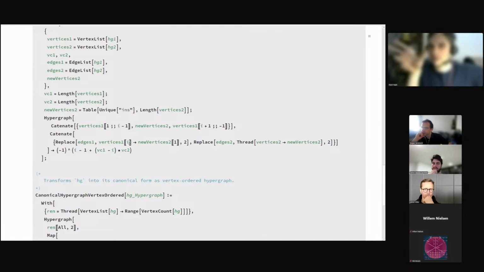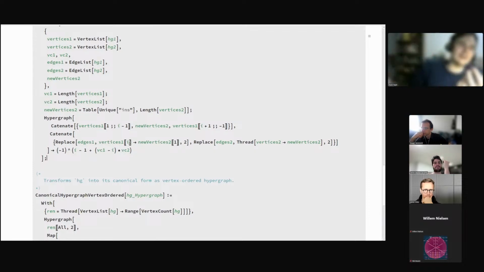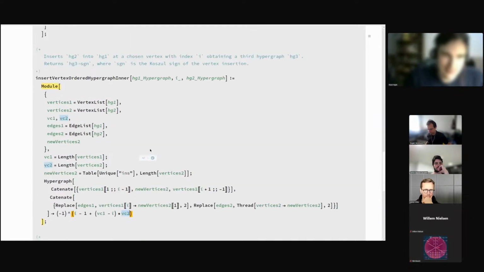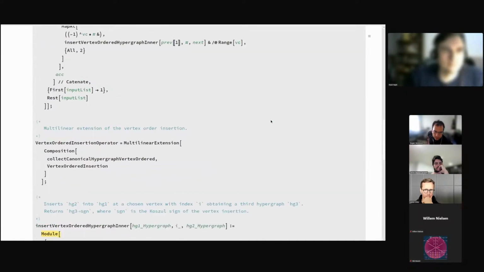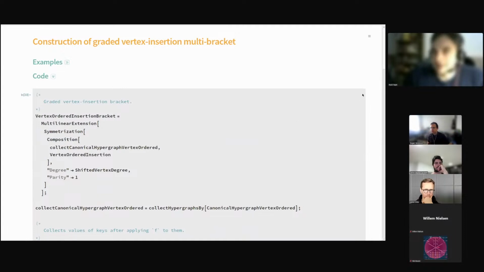Then you take the second hypergraph from the back and insert it, skipping over all the rest of the vertices of the first hypergraph, obtaining a sign, and you insert it in place of the first hypergraph. So the sign is more or less natural, but in order to get it, you need to compute a bit. Good. So this is the definition of the bracket.